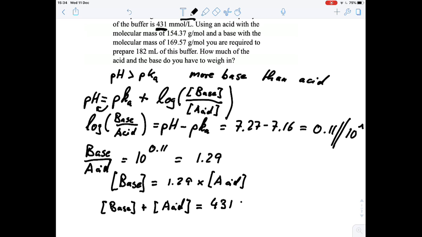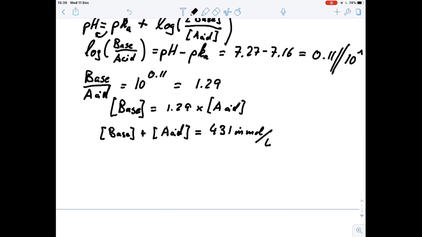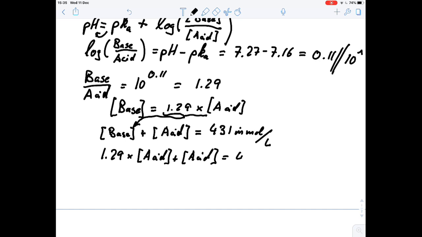So we have two equations, and instead of base, we can write 1.29 times acid, so we have 1.29 times the acid concentration plus the acid concentration equals 431 millimolar.